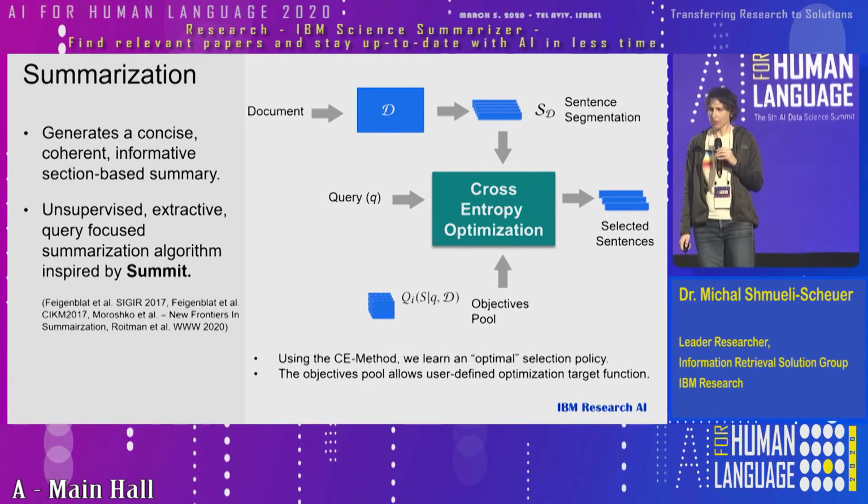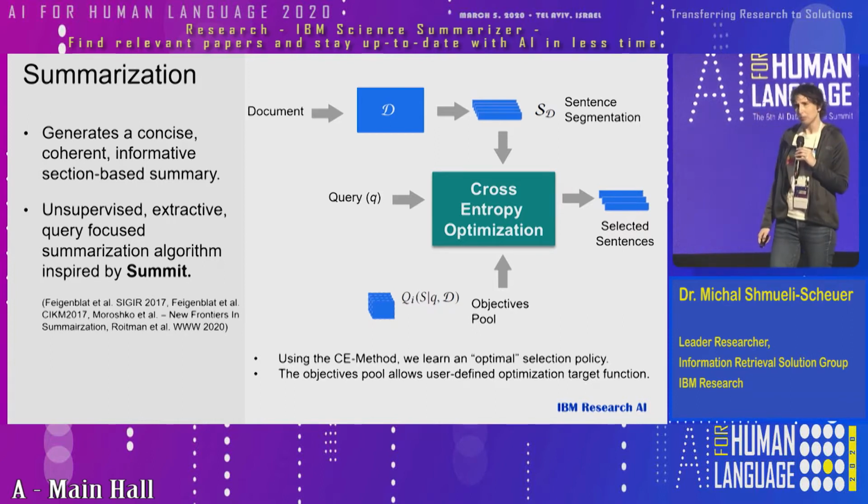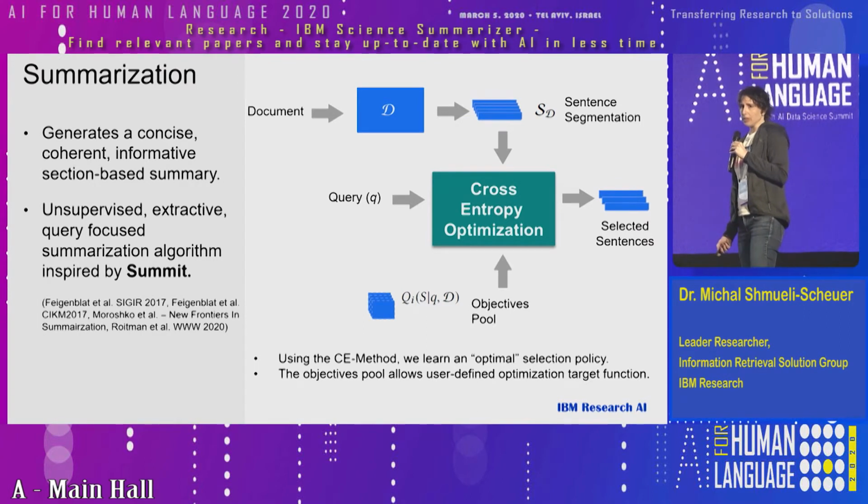Okay, so now we get to the core of the system, which is the summarization. And the goal, again, is to generate a concise and informative section-based summary. So why is it section-based? Often when you read a paper, or even when you write it, different sections have different goals.